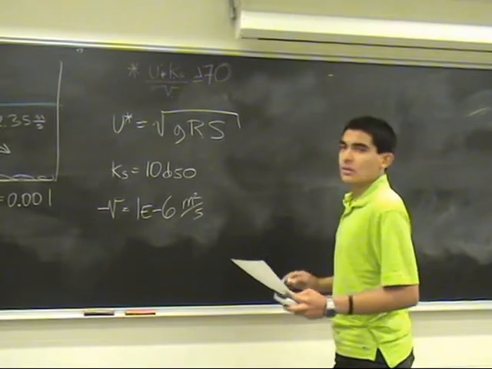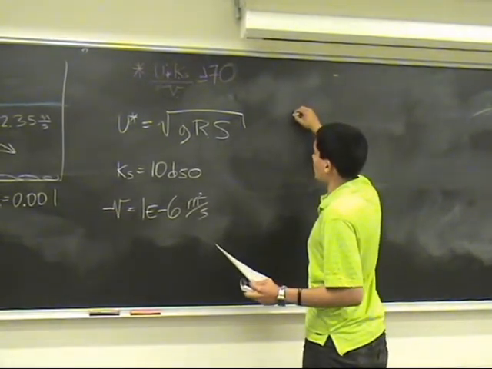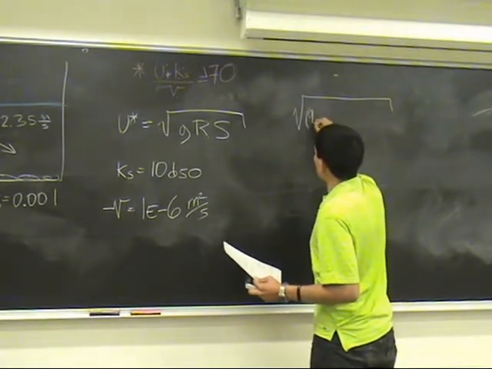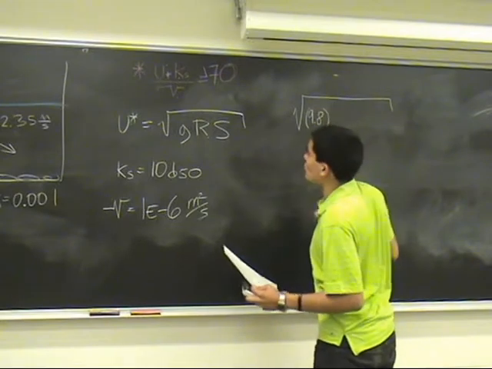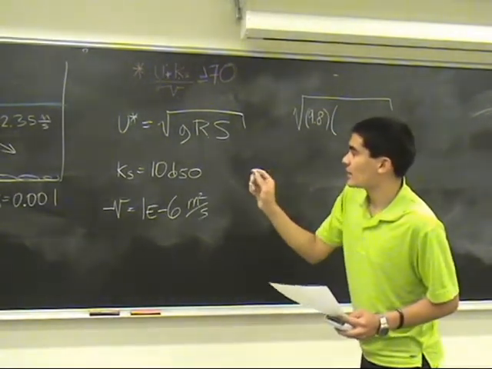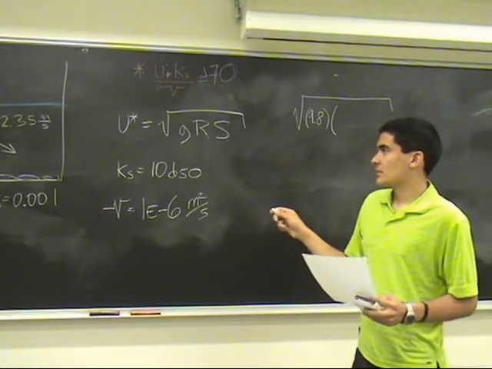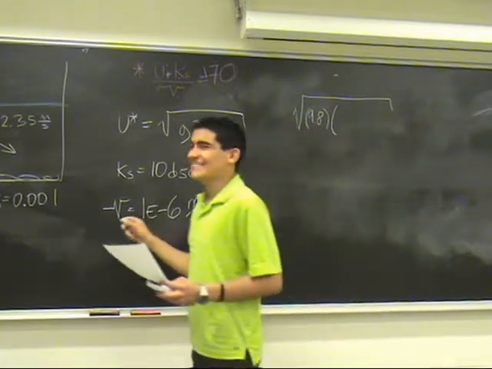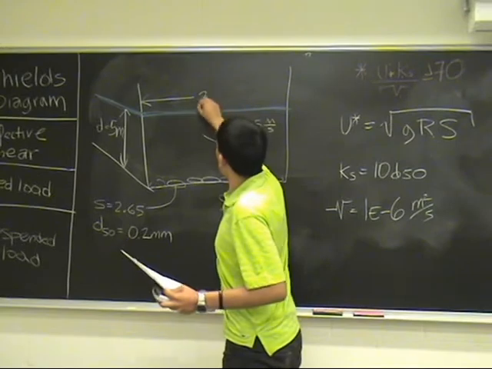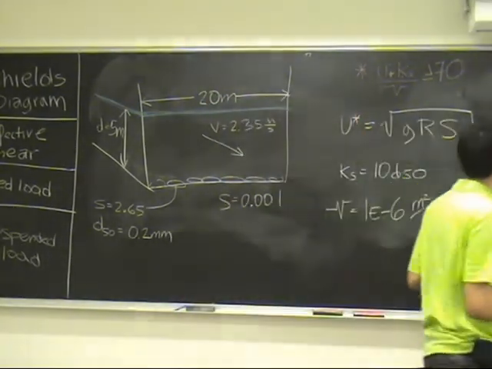I'm going to omit units here for R. What is R? It would be our area, 5 times, we don't have a width, let's say we have a 20 meters long channel.